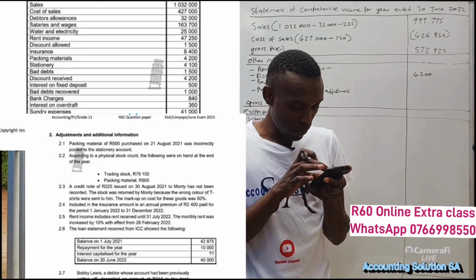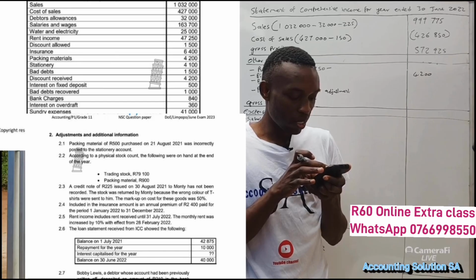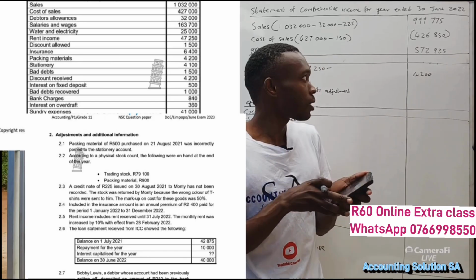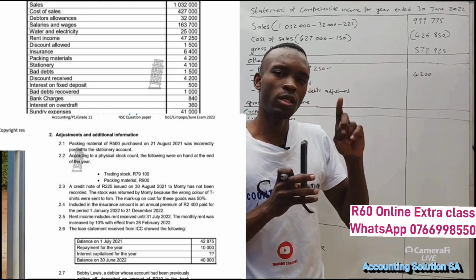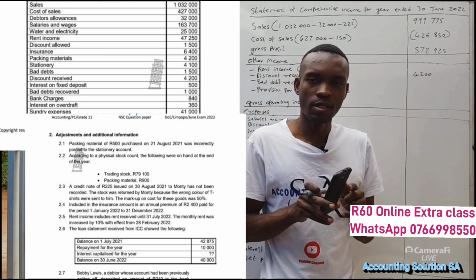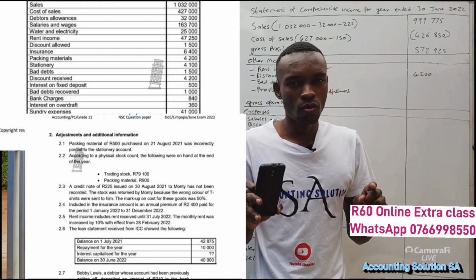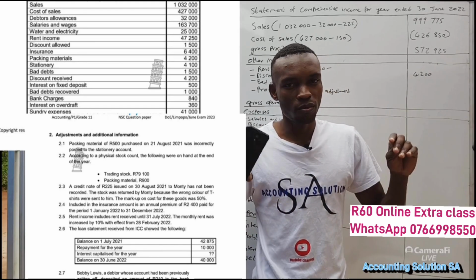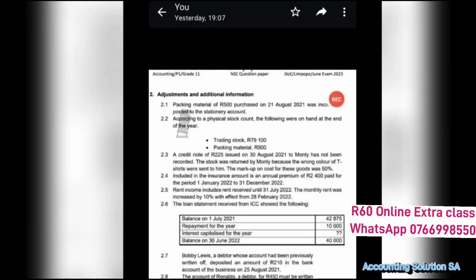Okay, so if you check, they say the rent has been increased by 10% from February, which means that the one that we are going to subtract has already included what? A 10% increase. So this one I'm just going to show you on the calculator so that it can be very simple for you. Okay, so this is how you should calculate rent income.